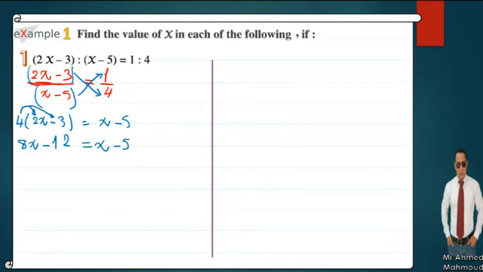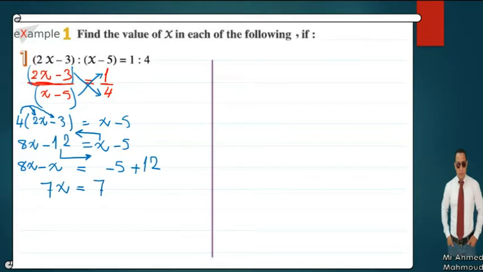Now I'm going to collect x on the left side and the numbers on the right side. I will send x from here to the left as minus x, equal negative 5 without change, and negative 12 will be positive 12 on the right side. Then I simplify: 8x minus 1x equals 7x, equals negative 5 plus 12 equals 7.